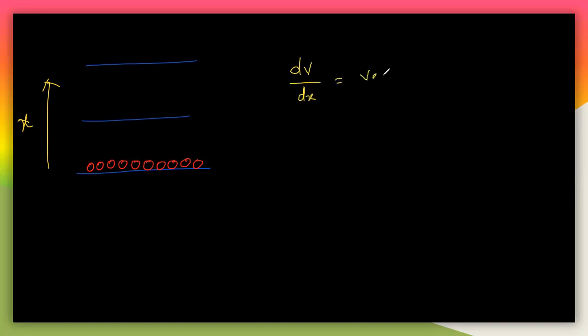This is also called velocity gradient, because the velocity is changing here. You can write this as delta v by delta x. You can write dv or dx here, no problem. You can write delta v by delta x, the change over a particular distance.